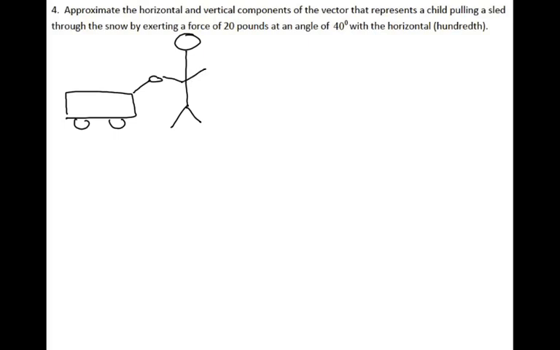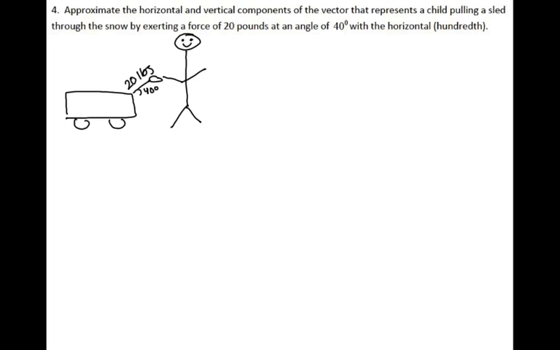Here's my kid with the longest neck ever. There we go. He is exerting a force of 20 pounds. So this is 20 pounds and the angle is 40 degrees. So this just asks for the vertical and the horizontal components.